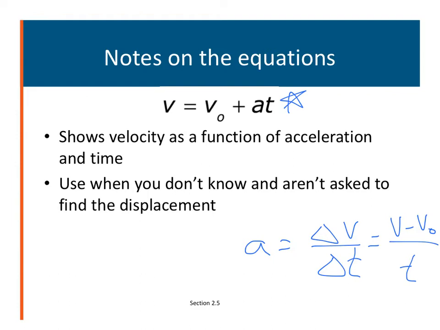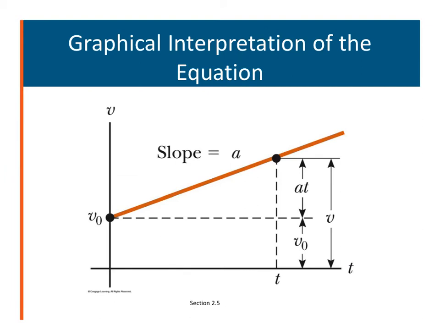We can confirm this equation graphically by looking at a linear function on a velocity versus time graph. And remember, the slope of a velocity versus time graph is acceleration, because acceleration is equal to the change in velocity over the change in time. And so if we look at some initial velocity and we want to know this final velocity here, well, that difference is going to be this height, all right?